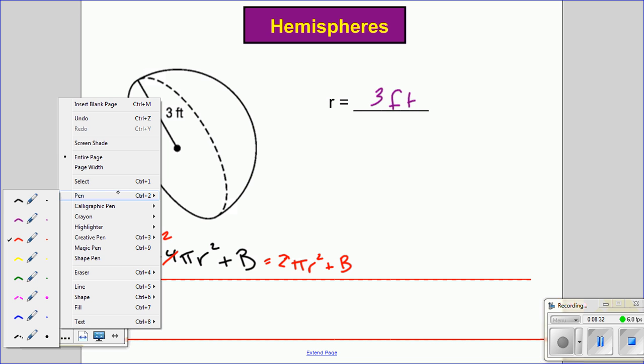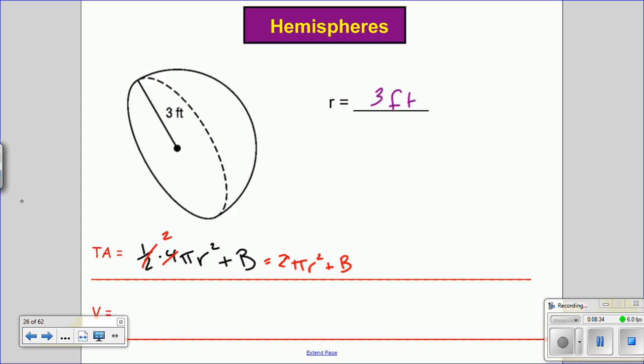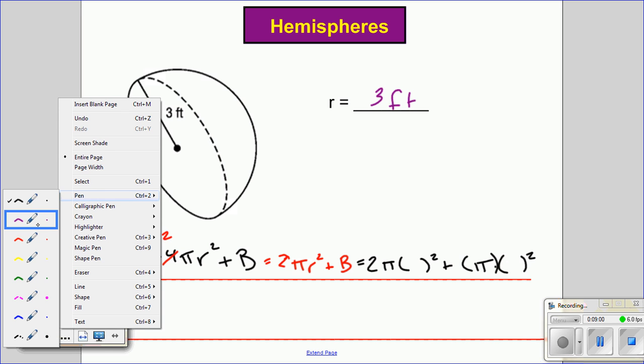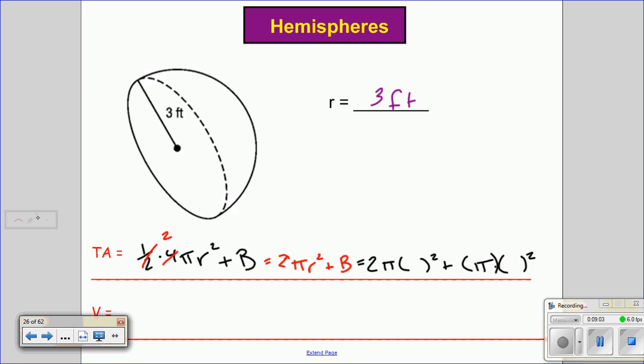Now, let's fill in everything in its appropriate place. So that's 2 times pi times our radius squared plus B. B is calculated by taking pi times your radius squared. Our radius is 3.